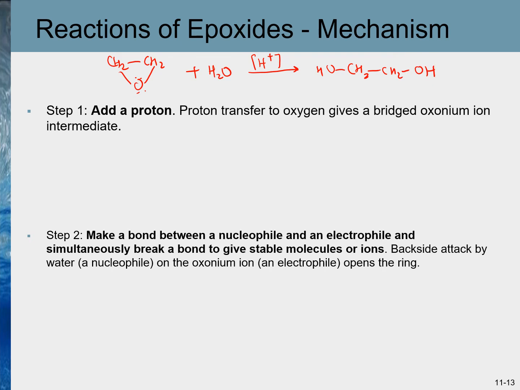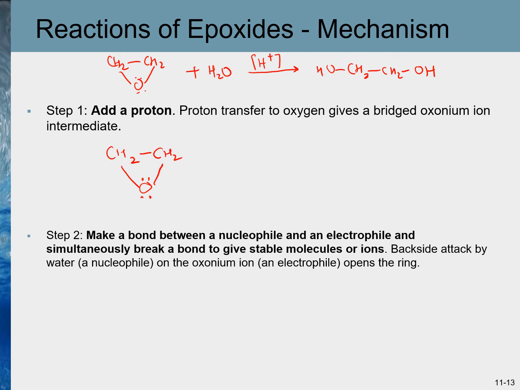Step 1 of this reaction mechanism involves a transfer of a proton from the acid to the epoxide. As we can see, in this reaction water is acting as a nucleophile and the oxygen of the epoxide is the leaving group, and oxygen itself is not a good leaving group.